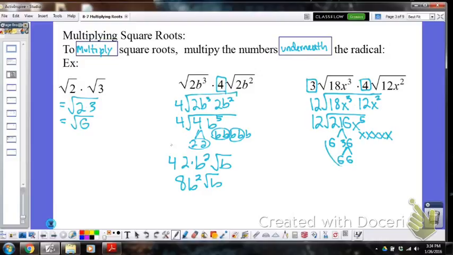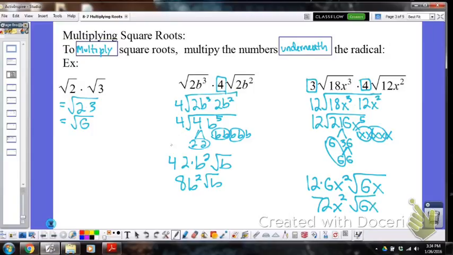So I have a pair of 6's here, and two pairs of x's. Since I have a pair of 6's, I can pull out one 6, and I have two pairs of x's, so I'll pull out 2 x's, or x squared, and I'll be left with a 6 underneath and an x underneath the radical. And then we just have 12 times 6, which is 72. So our final answer would be 72x squared root 6x.